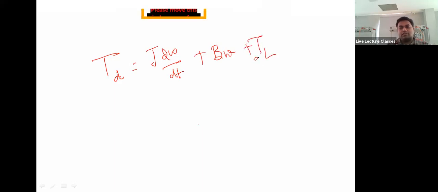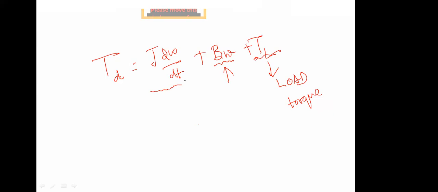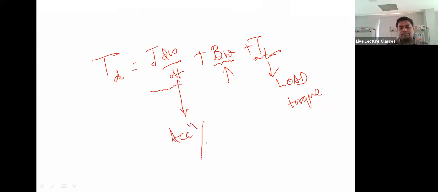So what is TL? Load torque, right? So what is B omega? B is the coefficient of viscous friction. Omega is the speed, right? J is the moment of inertia. And d omega/dt is the acceleration part, acceleration or deceleration part.